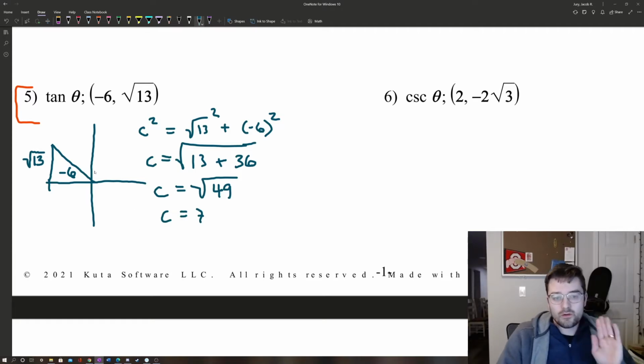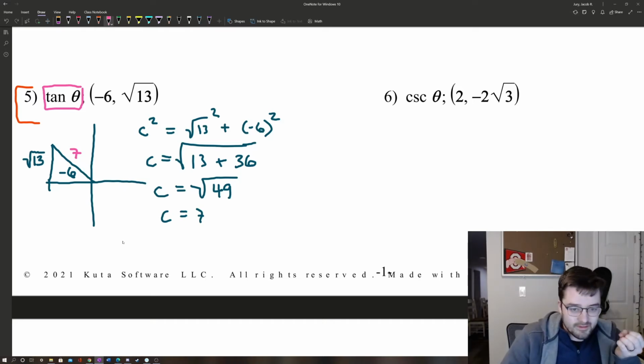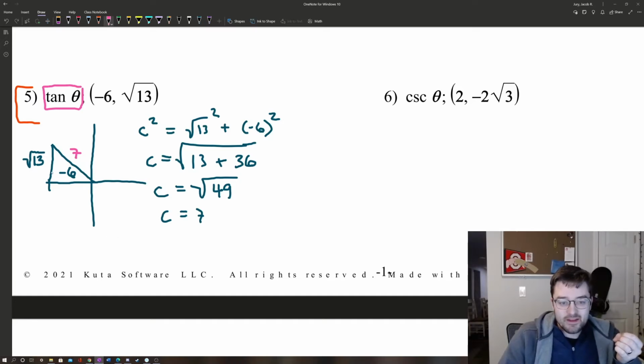Great. So with these questions, I need to know what tangent of that triangle is that we just found. So tangent is going to be, oh man, I'm a big goofball. So let this serve as a lesson. I was just going crazy on this question. I didn't need to do that, did I? Maybe you noticed earlier than I did.